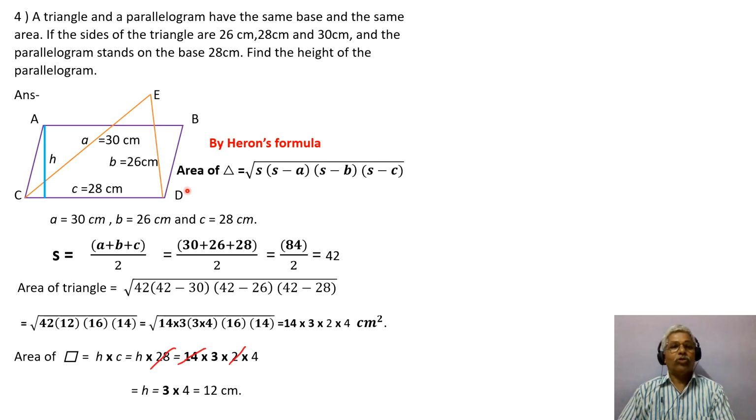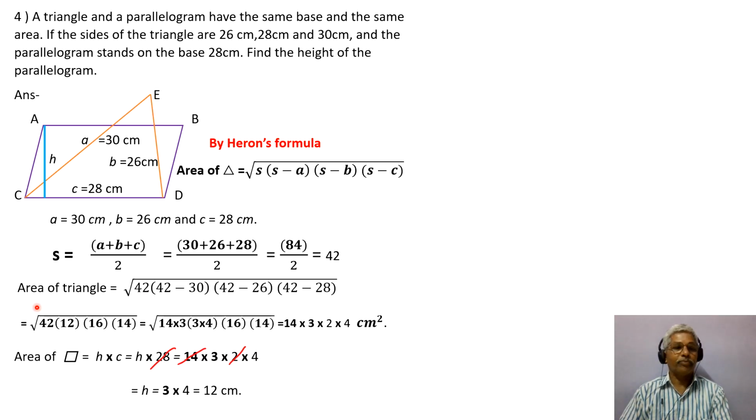So by Heron's formula, area of triangle equals root of s into s minus a into s minus b into s minus c, where a is 30 centimeters, b is 26 centimeters, and c is 28 centimeters. So s equals a plus b plus c upon 2, so that equals 30 plus 26 plus 28 upon 2, that is 84 upon 2, that is 42.